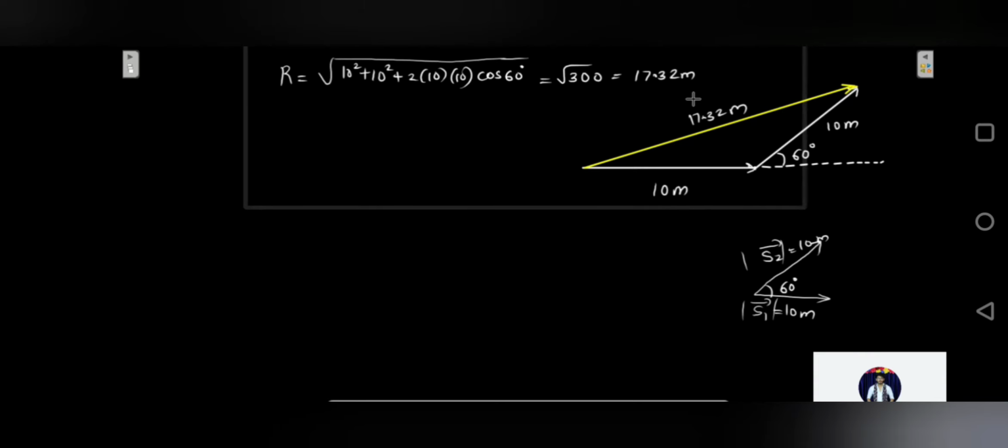In the second question, they have asked how much distance his grandson travels to reach him and in what direction. So what is the direction of that running? Let's say this angle is alpha. How much angle does the grandson take from the east direction? We know the tan of alpha formula: tan alpha is equal to B sine of theta divided by A plus B cos of theta.